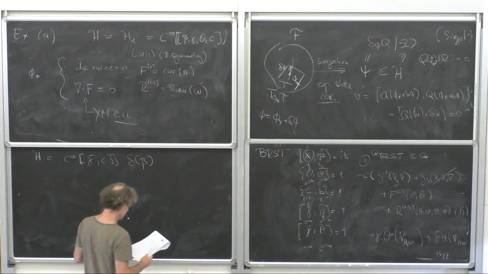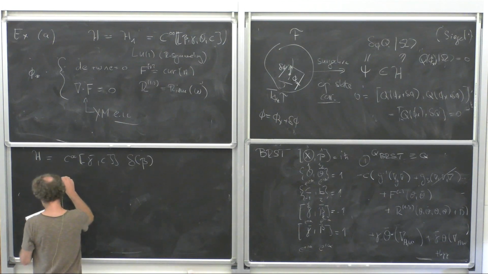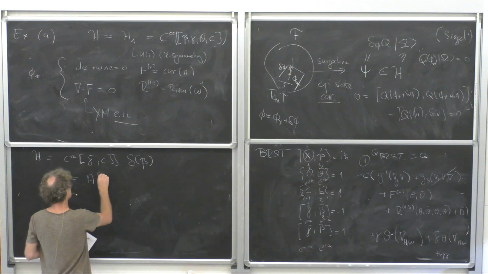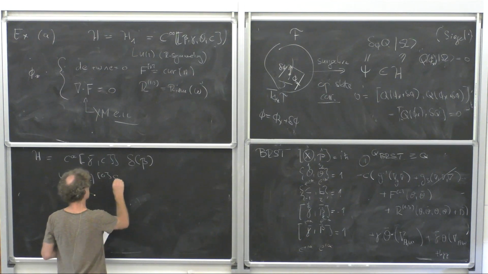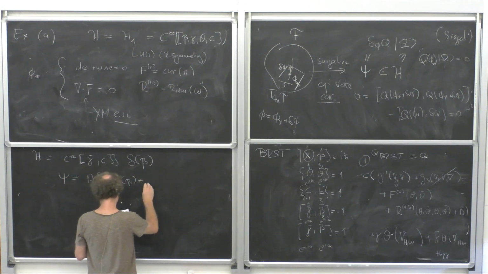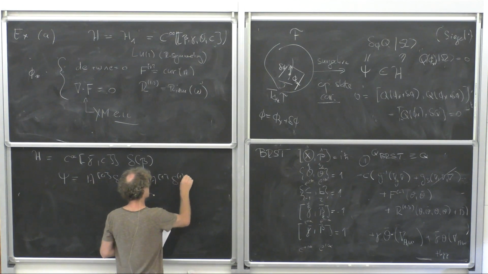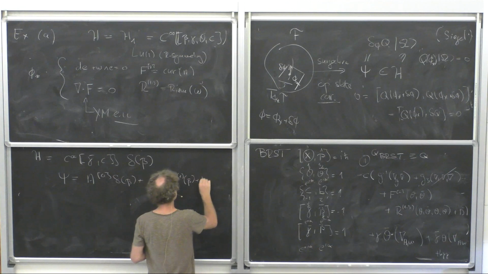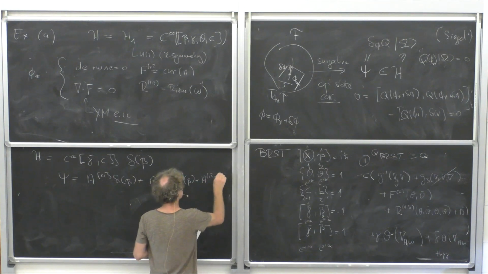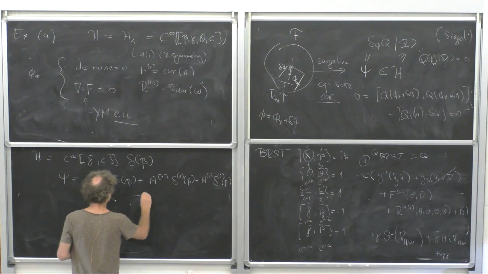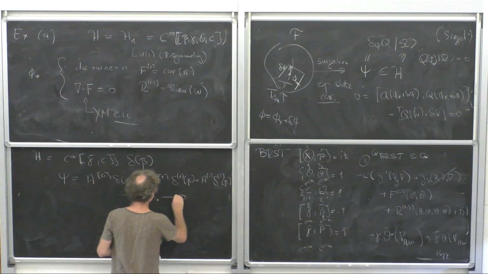And again, if you look at the cohomology, what you find is that psi is equal to A0 delta of beta plus A1, a one-form, times the first derivative of delta of beta, plus a two-form times the second derivative of delta of beta, and so on. And Q acts like this.